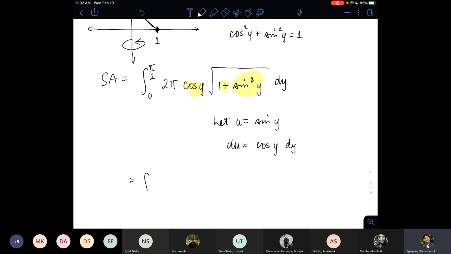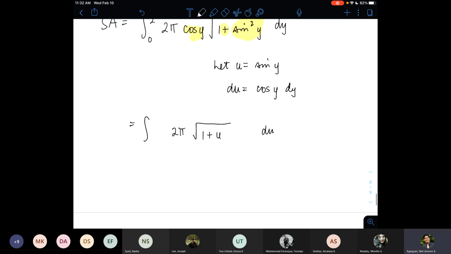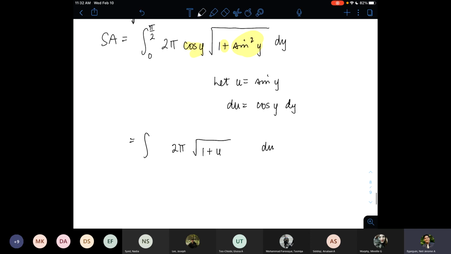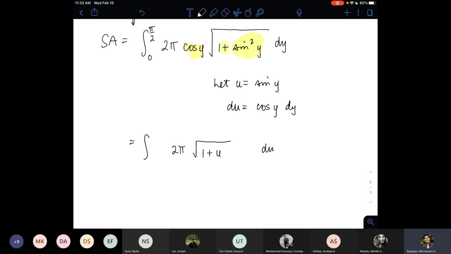So I will have the integral of 2 pi, and then I'll have a du times the square root of 1 plus u squared. Okay, but the bounds will change. The bounds would be from 0 to 1 now, right? Because I plug y equals 0 into u, sine of 0 is 0. Sine of pi over 2 is 1. That's why I got those bounds.